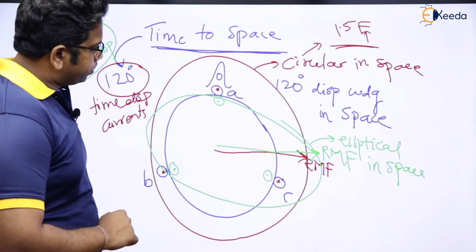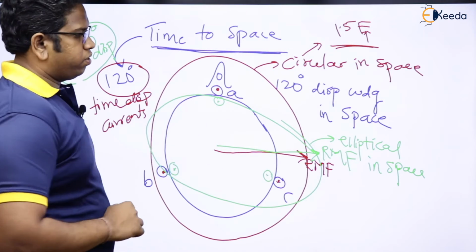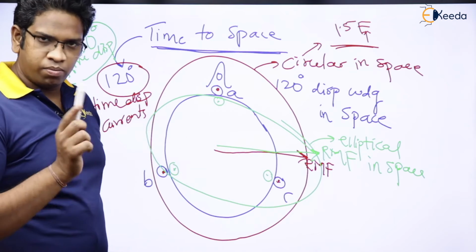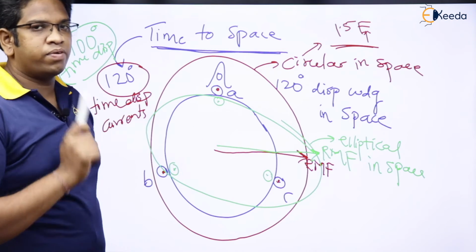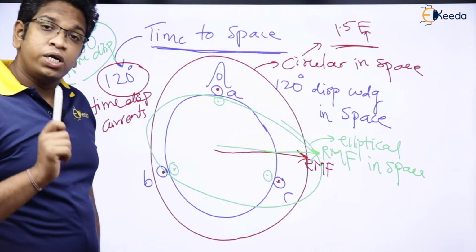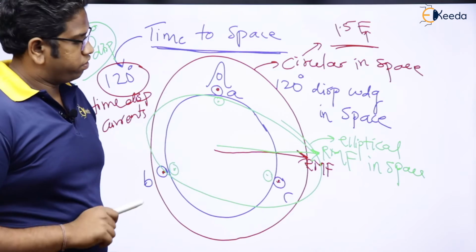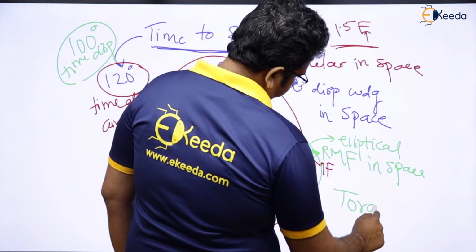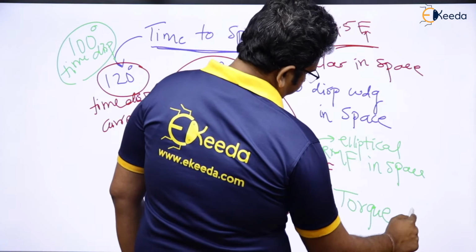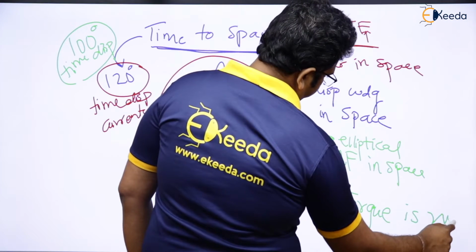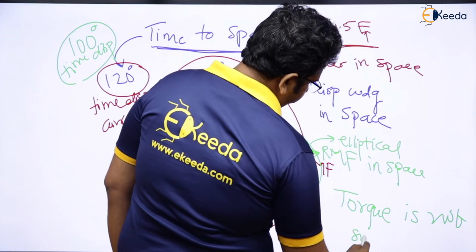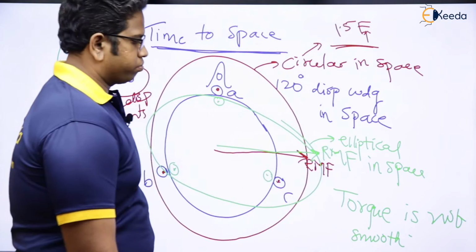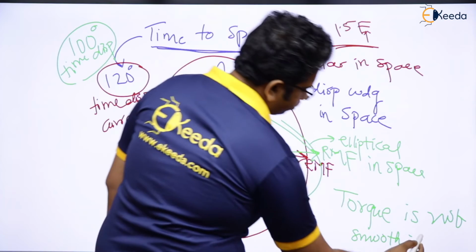Now, the moment I have an elliptical RMF in space, what is going to happen? If you think of torque, torque is not smooth, or we can say that torque is not constant.